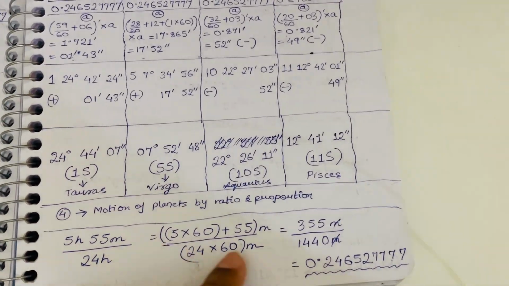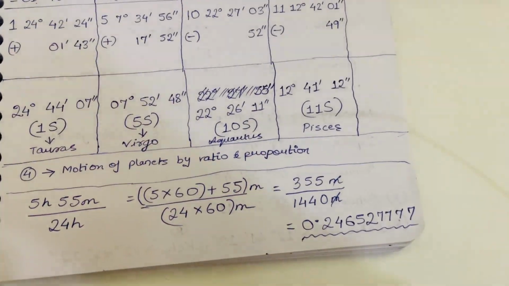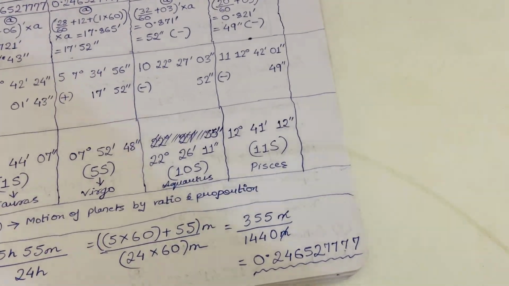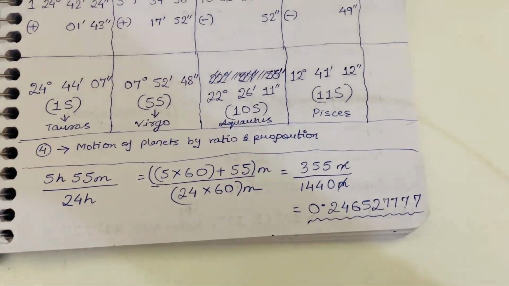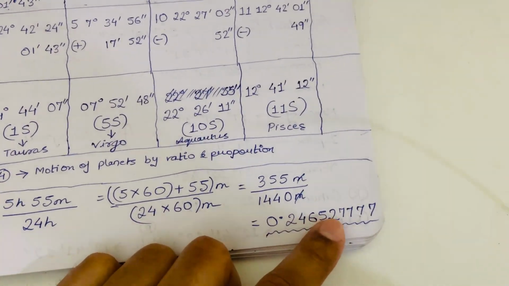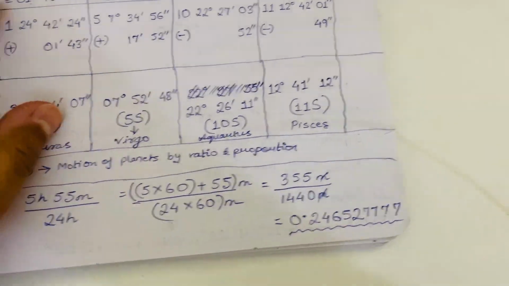So after doing this simple division, the accurate value that you are getting is 0.2465277.